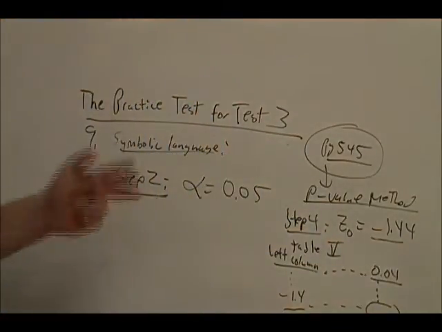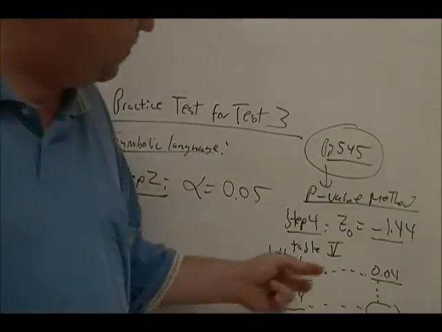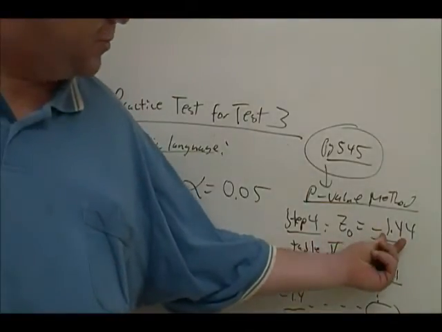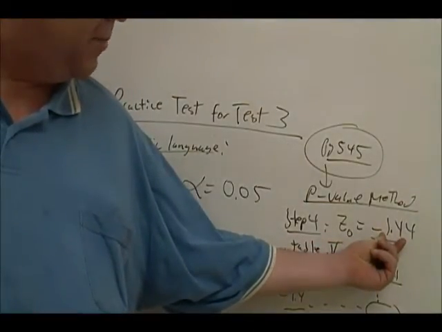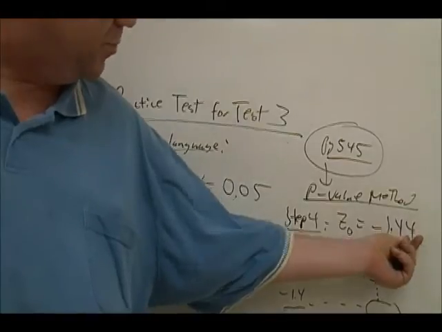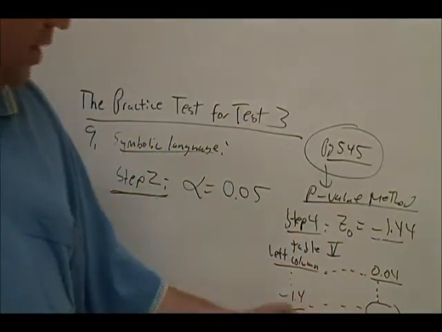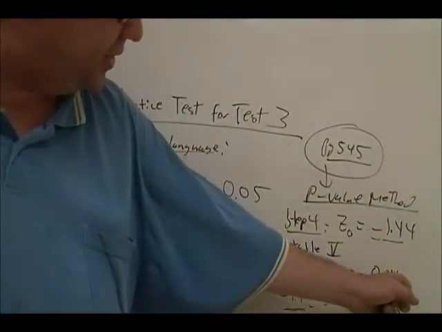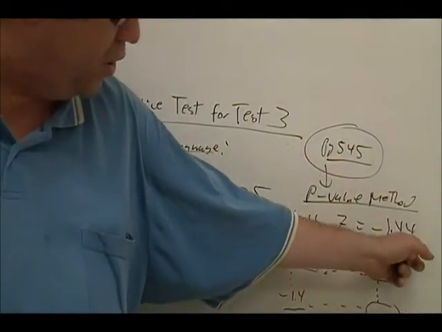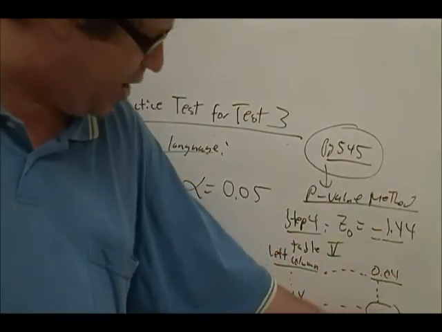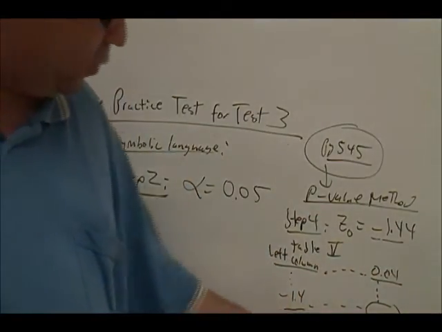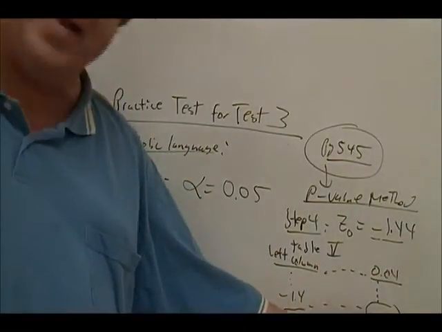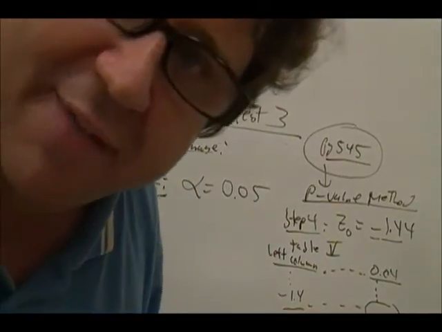Every table has a different setup, and this table uses the first decimal place of the z-score in the left column, and then the second decimal place runs along the top row. Then you go down the left column to negative 1.4, across the top row of table 5 to 0.04, and then you find the table value in table 5.